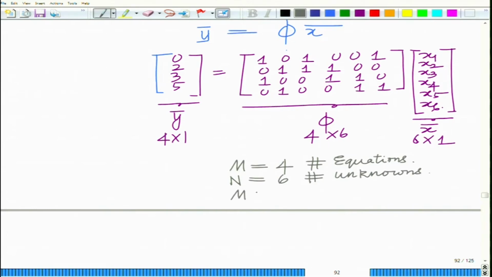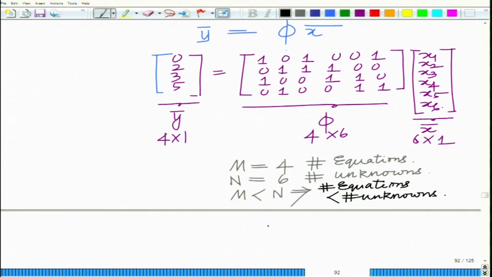We can see m is less than n, which implies the number of equations is less than the number of unknowns.